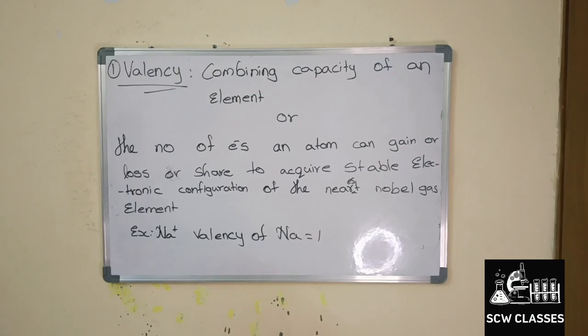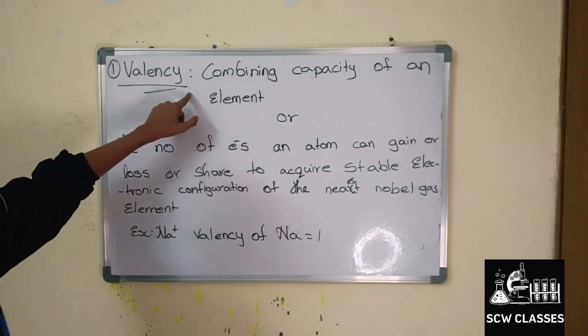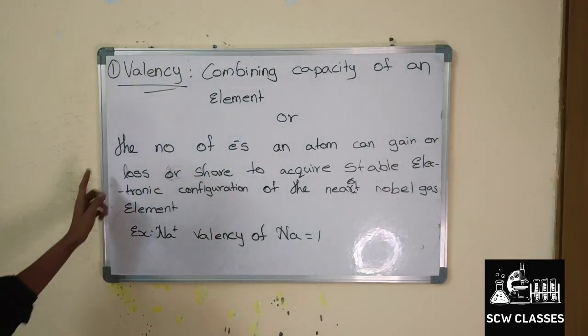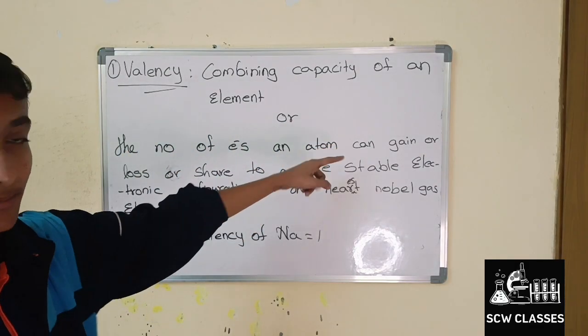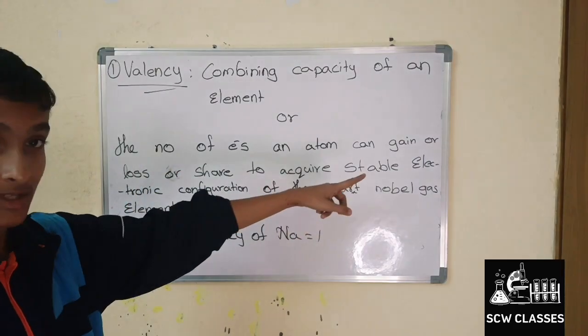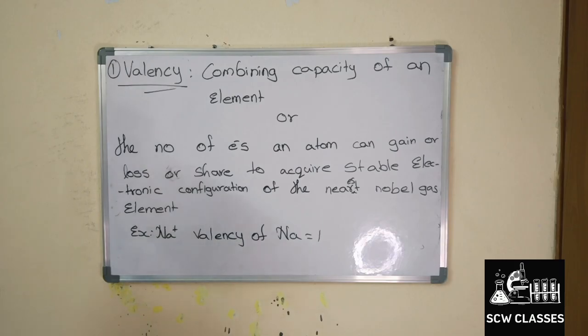Clear? According to the old book, the valency definition is the combining capacity of an element. According to the new books, it is the number of electrons an atom can gain or lose or share to acquire stable electronic configuration of the nearest noble gas element. Example: sodium, Na+.